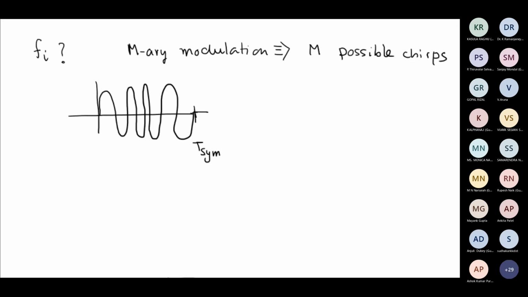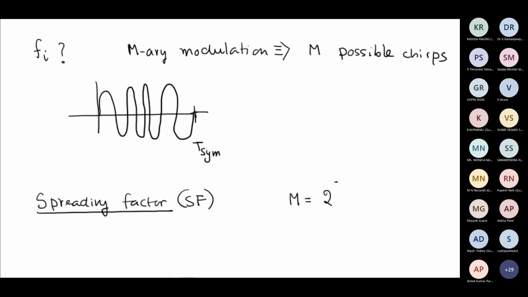To exactly quantify this Fi, let us first define a quantity called the spreading factor. Let's call it SF. This is a key parameter of the CSS scheme. SF is actually nothing but the number of bits per CSS symbol. So what we mean by that is every CSS symbol will pack in SF number of bits, and that translates to the statement that M is equal to 2 to the power SF.